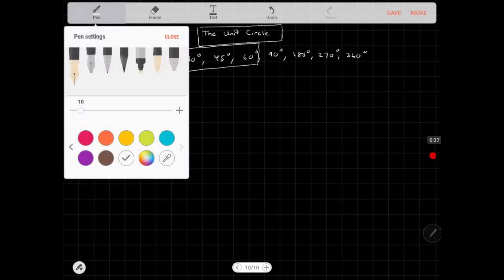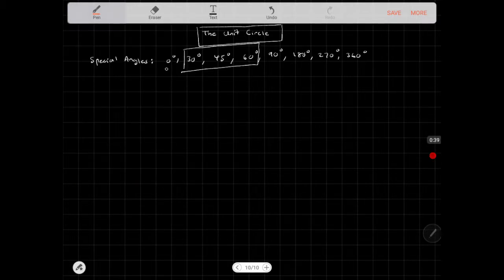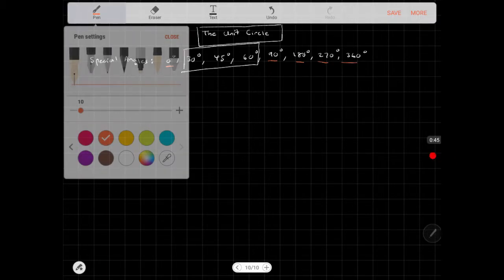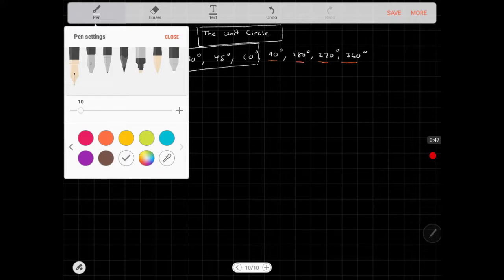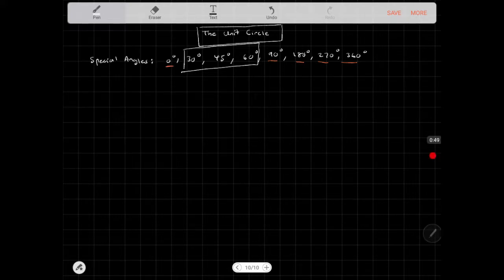Now I'm going to look at the rest of the special angles, and show you a way to find their values through the use of a unit circle. In order to look at the unit circle, we need to look at angles in standard form, so I would advise you to review that video regarding angles in standard form.